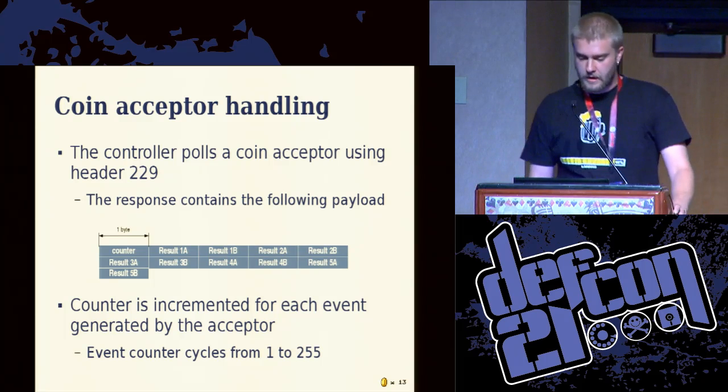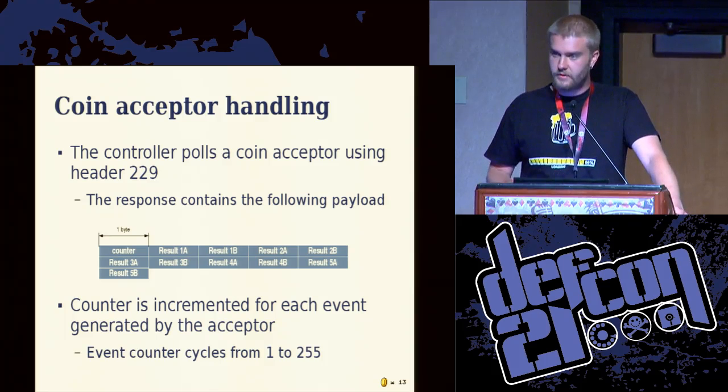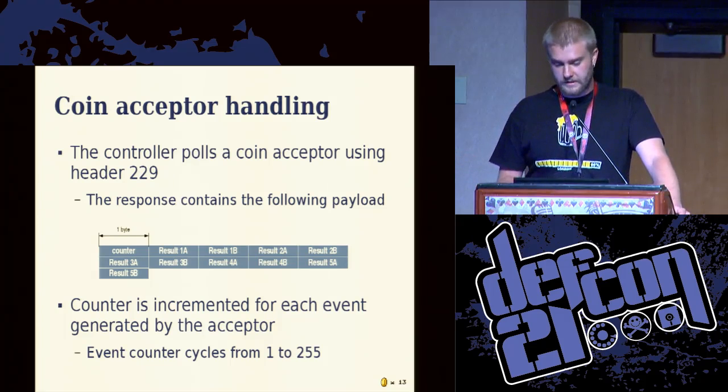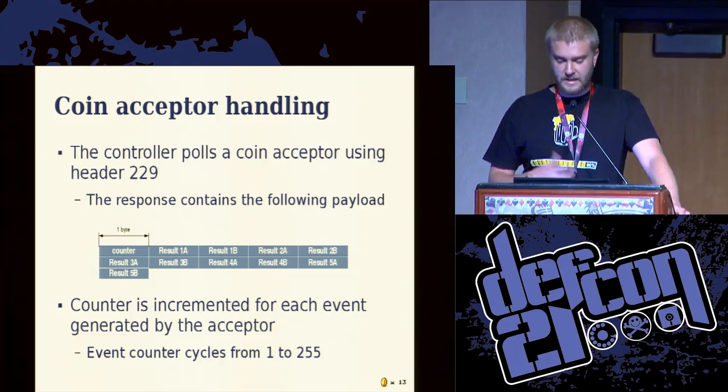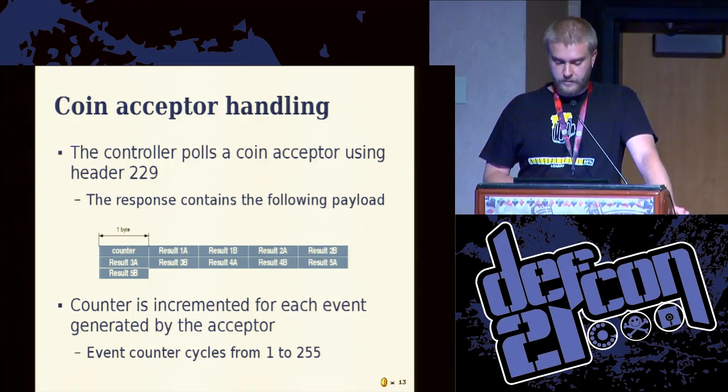Now, I wanted to actually know if a coin was entered, if it was correct, if it was 1 Swiss franc, 2 Swiss francs, etc. In the documentation, you have a header number 229 that you just send to a coin acceptor, and you receive back 11 bytes. The first byte is the counter, and you have 5 groups of 2 bytes as a result.